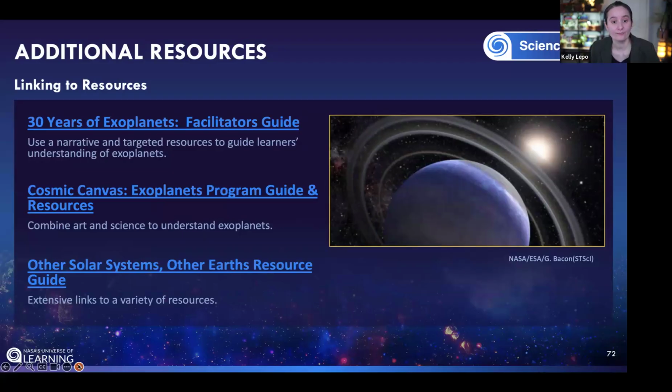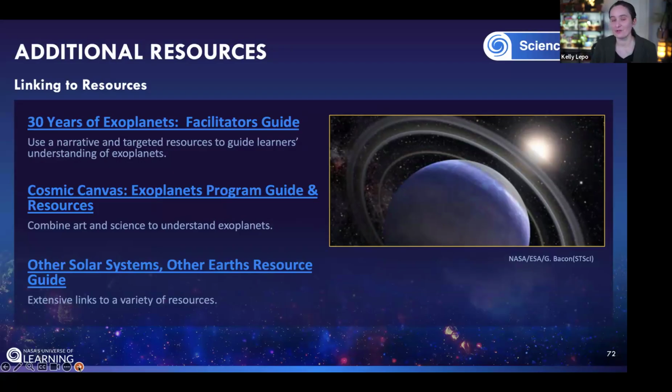So here are some program guides that you can download, and they give you activities that you can use with your audiences. What I'm going to highlight here is one that I like because I worked on it, the Cosmic Canvas program guide. This explores the topic of exoplanets through art making. There's a warm-up activity.